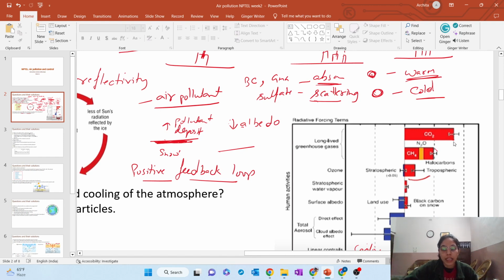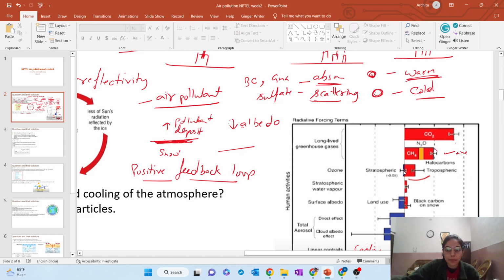It means it leads to warming of the atmosphere. Similarly, methane is another greenhouse gas. Again, it leads to warming. That is why greenhouse gases are bad, because they lead to warming of the atmosphere.